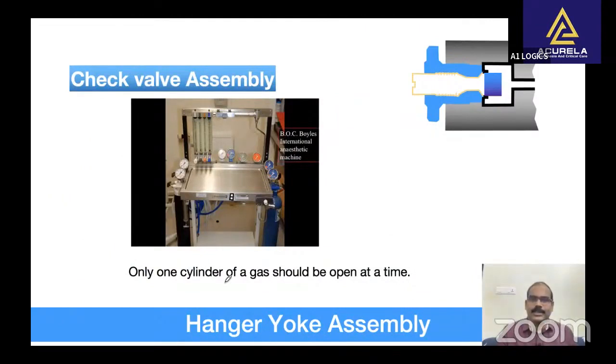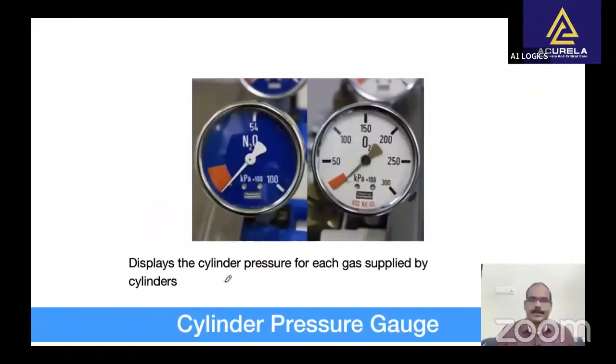Again, it is important, to prevent transfilling between paired cylinders as a result of a defective check valve, that only one cylinder of a gas should be open at a time. The Anaesthesia Workstation standard requires that there be a pressure indicator or pressure gauge that displays the cylinder pressure for each gas supplied by the cylinder.